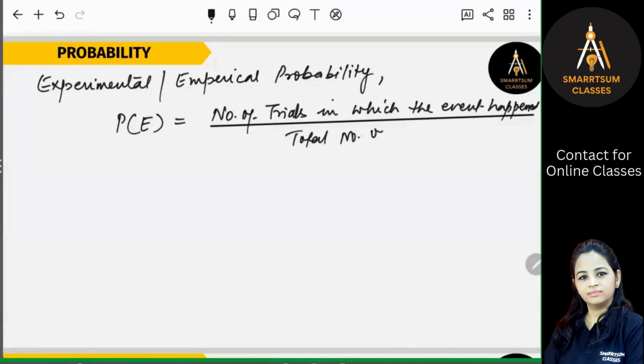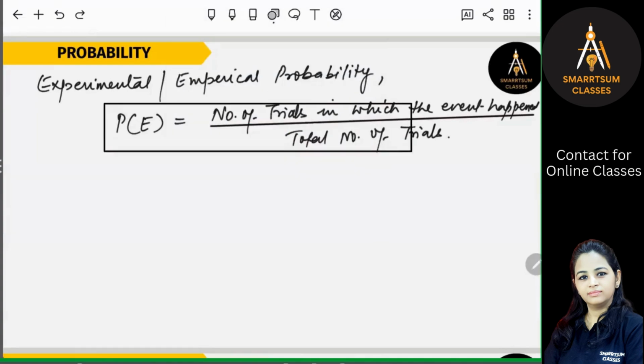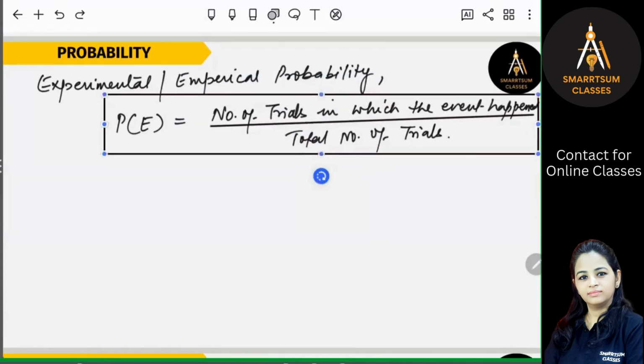So the probability of event E is the number of trials in which this event E happened, divided by the total number of trials. This formula gives you the experimental probability of that event E, where E is the event. Getting it?